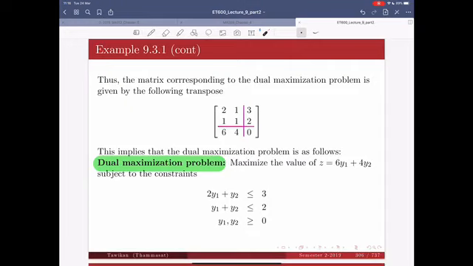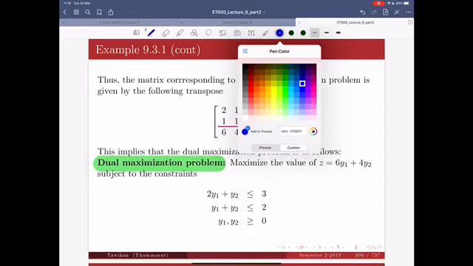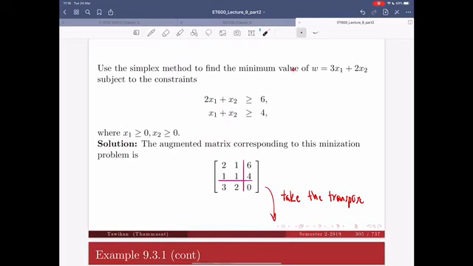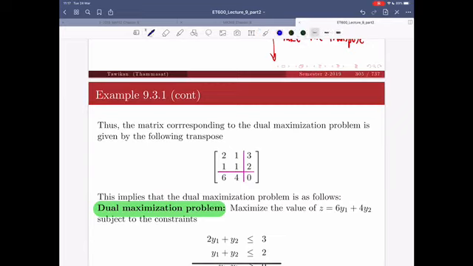So I'm going to rename all my variables. If you look back to your original problem, the variables are x1 and x2 when you want to minimize w. Now I'm going to rename my variables as y1 and y2, okay?